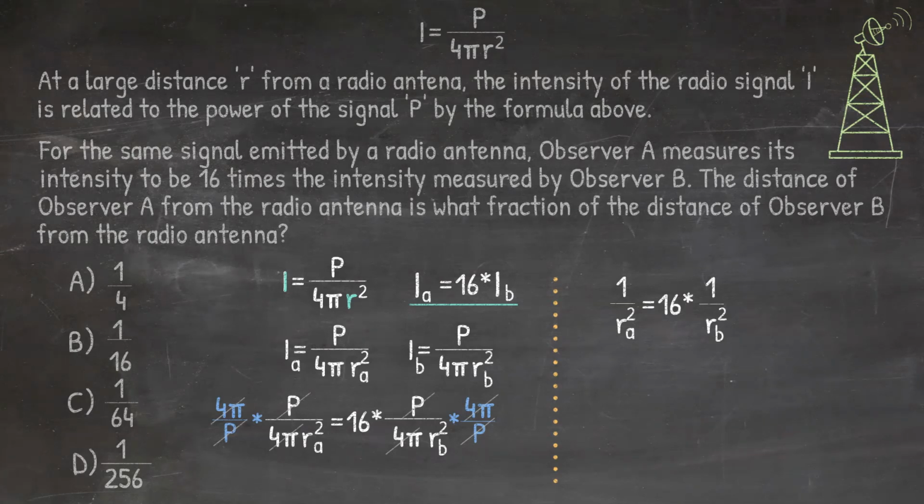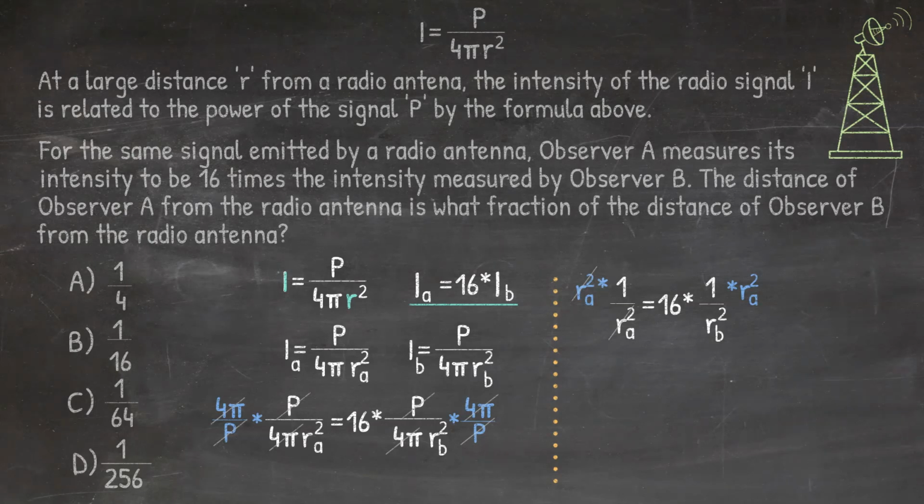Now we'd prefer both distances in the squared form to not be in the denominator. So let's try to address that. Let's multiply both sides by r A squared. And r A squared would be canceled out on the left side, and it would appear on the right side.